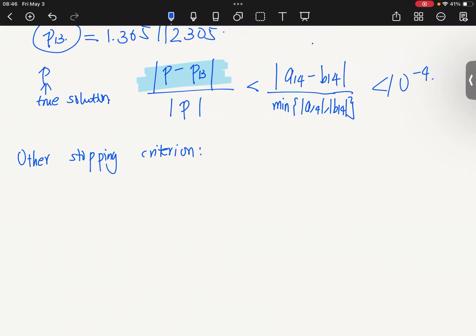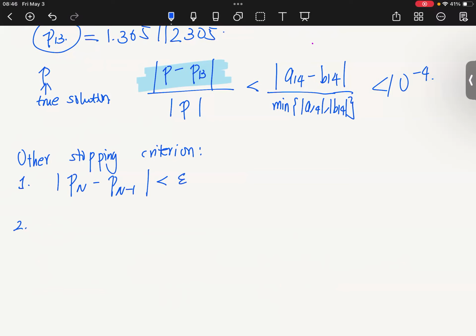People would choose the proper stopping criterion for their approximation. Sometimes people just take a look at the difference between two middle points, and when the difference between two middle points is small enough, they stop.